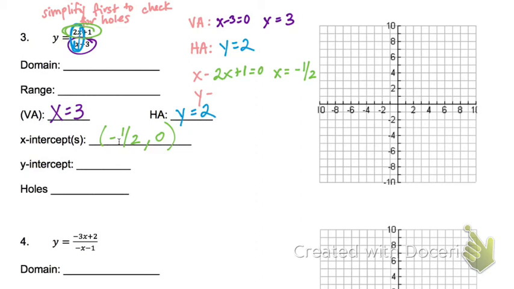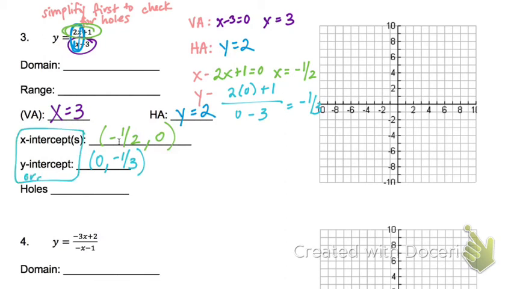Set x equal to 0. Both of them. So it's like saying 2 times 0 plus 1 over 0 minus 3. So you're plugging in 0 in both parts. And so you end up getting -1/3. And I want x and y intercepts written as an ordered pair.